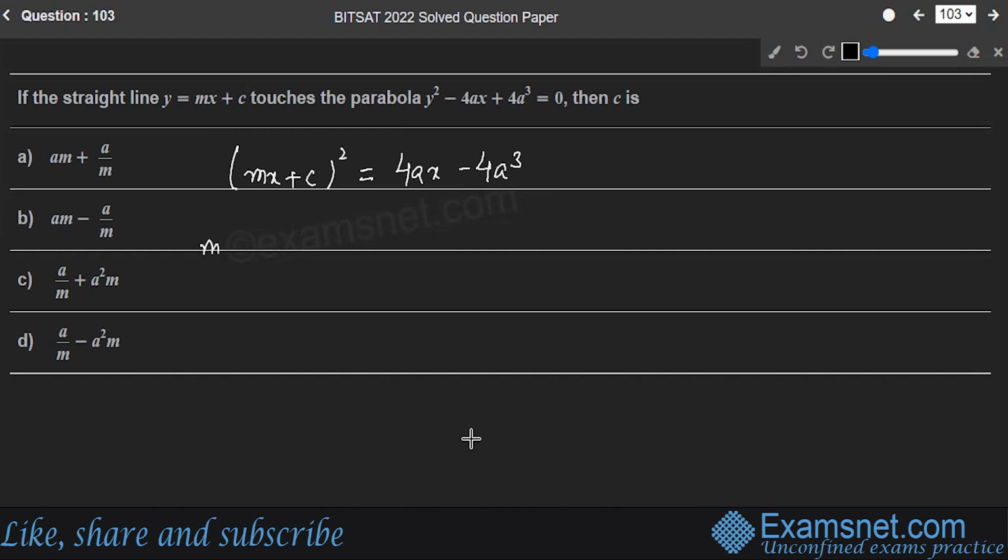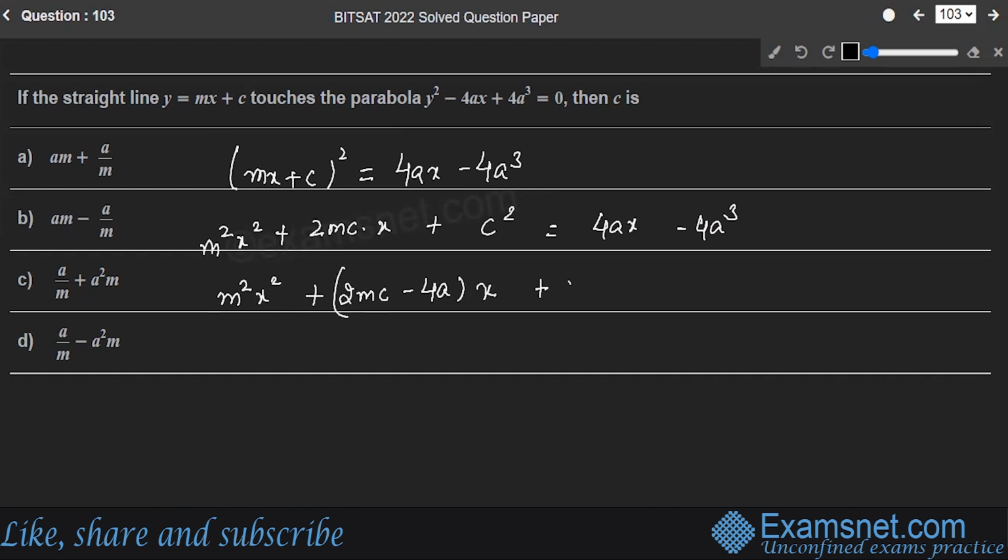right? Or you have m square x square plus 2mc into x plus c square is equal to this, right? Or you have m square x square plus 2mc minus 4a into x plus c square plus 4a cube is equal to 0.